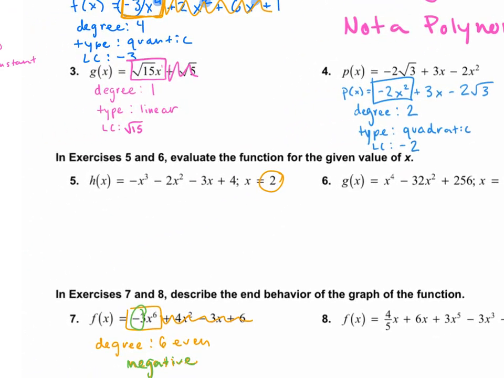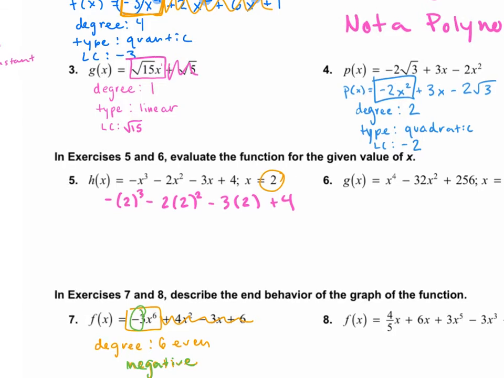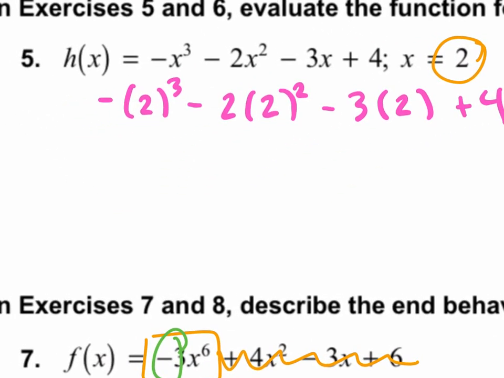For number 5, we just plug in the number that it gives us for x. So we have -2 cubed minus 2 times 2 squared minus 3 times 2 plus 4. So for these questions, we just have to be careful with our signs. So this negative is out front, so we're going to cube the 2 and then just tack on the negative after we cube it. So 2 cubed is 8, so this would make it a -8.